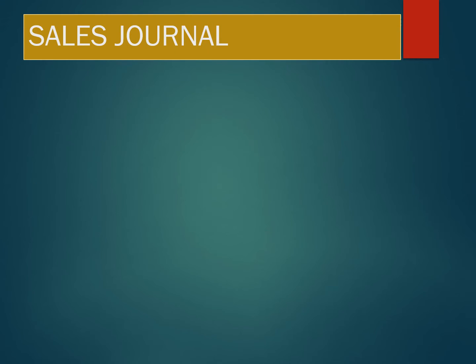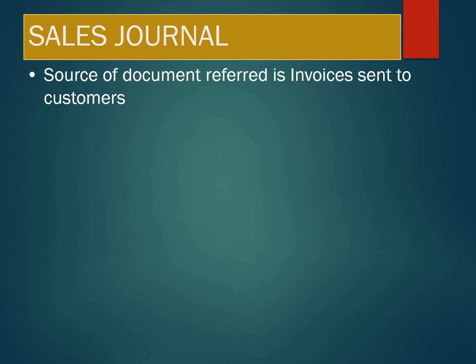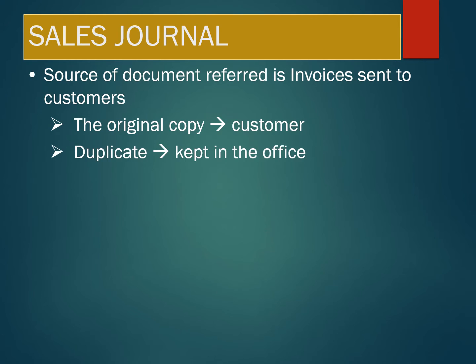So the invoice represents either a sales transaction or a purchases transaction. When you issue the invoice to the customers, the original copy is with the customer, and we only have the duplicate that we keep in the office.